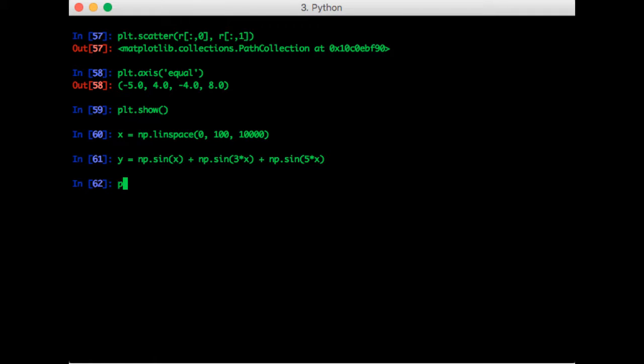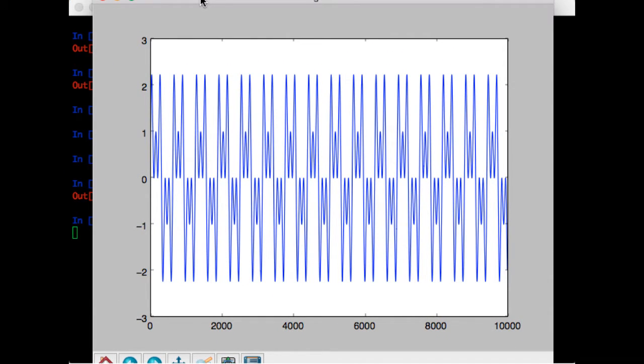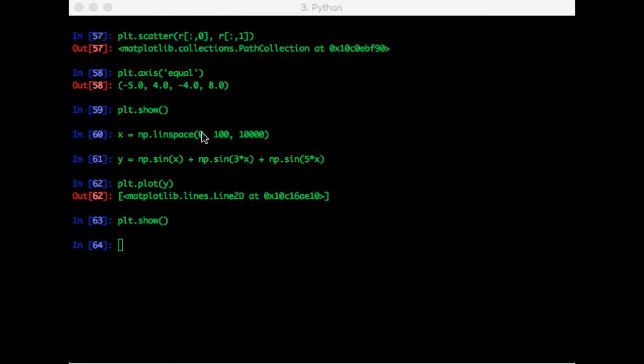Now let's plot this so you know what it looks like. Okay, so it's a periodic wave with multiple frequency components. Now let's do the fast Fourier transform.